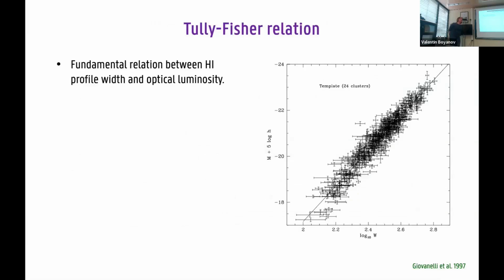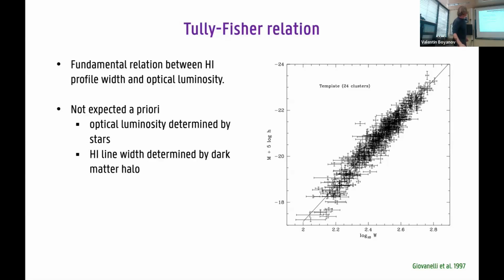And one thing that I've been working on is the Tully-Fisher relation that I already indicated before. It's a relation between H1 profile width and the optical luminosity, meaning that more luminous galaxies have a broader H1 velocity profile, which is not expected a priori because the optical luminosity just tells you how many stars you have essentially. And the H1 profile is determined by the dark matter halo.